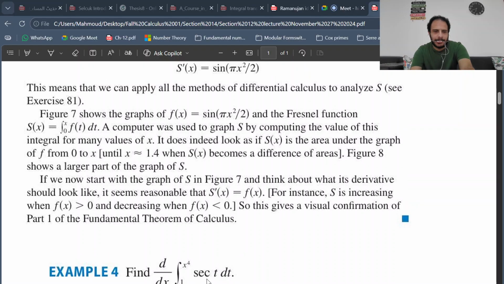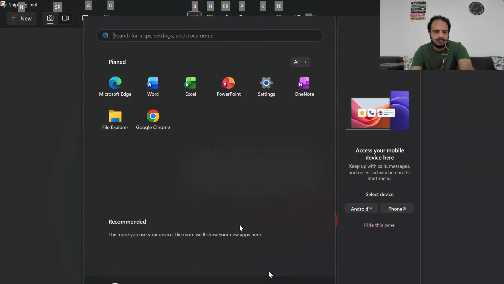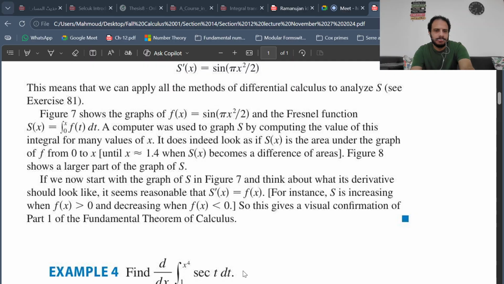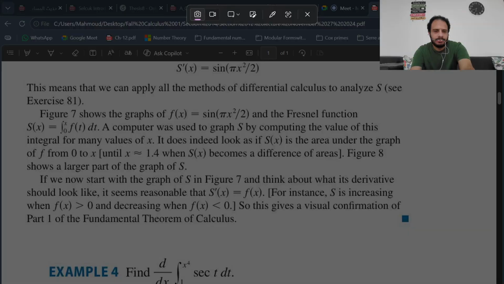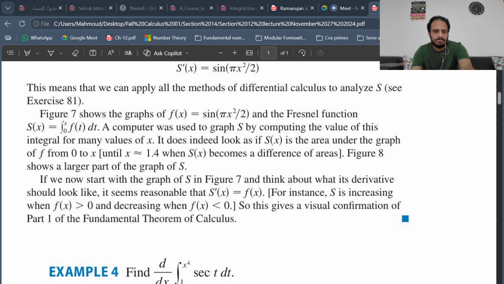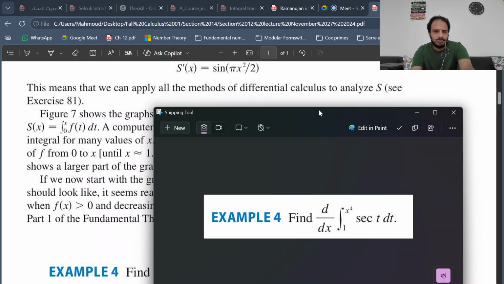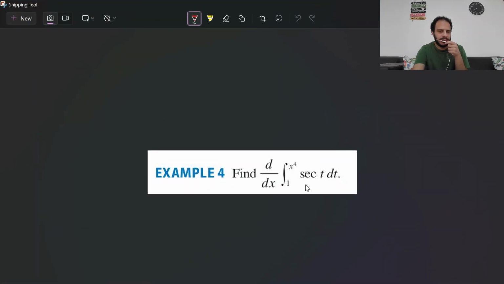Now this one is important. You need to pay attention to this example, it's very important, okay?